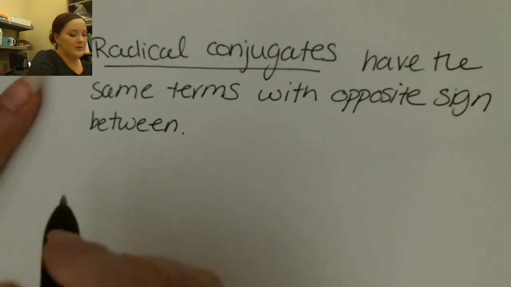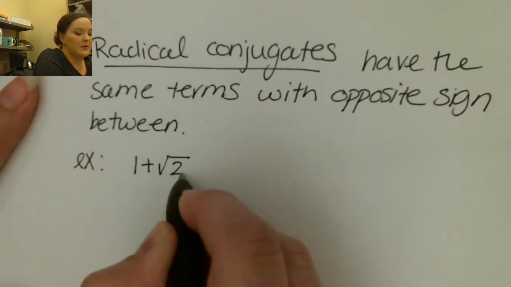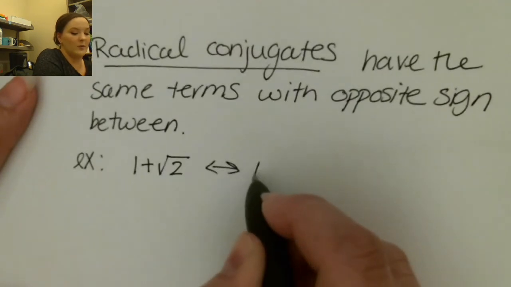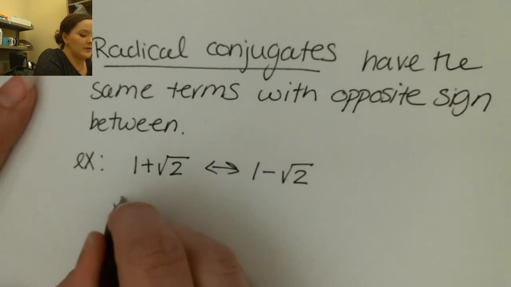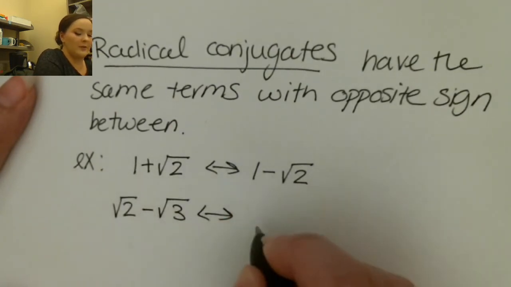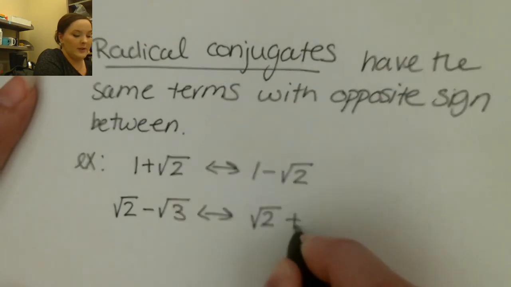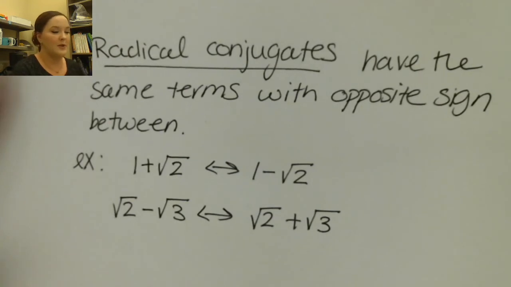Some examples: 1 plus root 2, the radical conjugate is 1 minus root 2. If you have two radicals like root 2 minus root 3, then the radical conjugate would be root 2 plus root 3. Same terms, opposite sign in between.